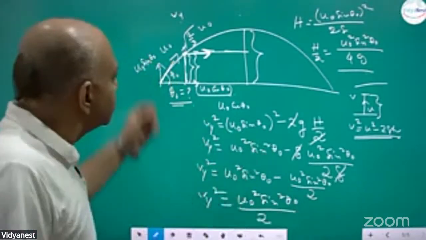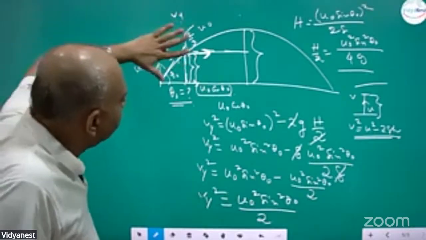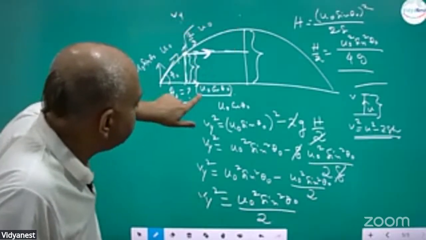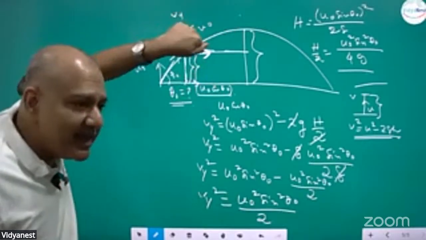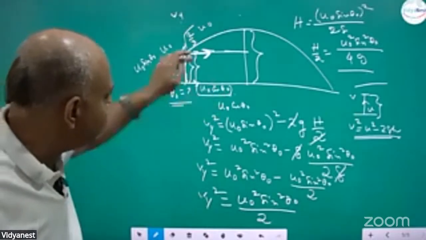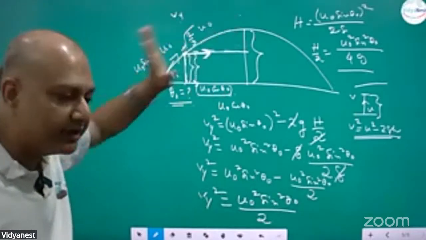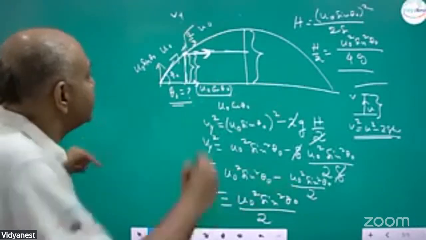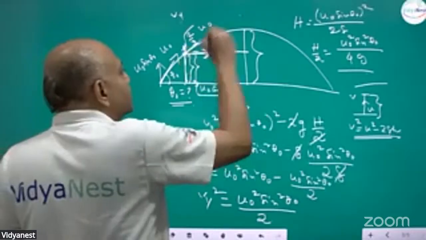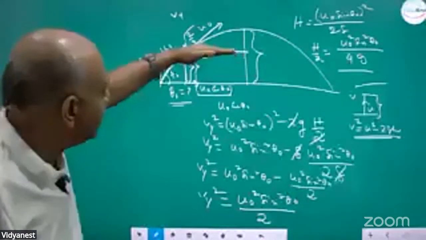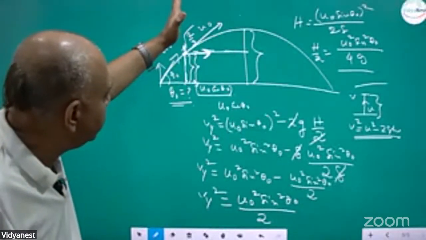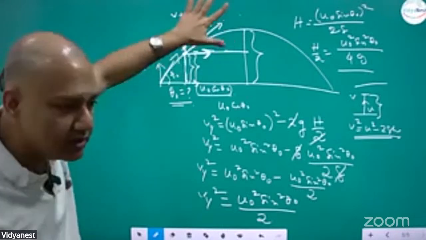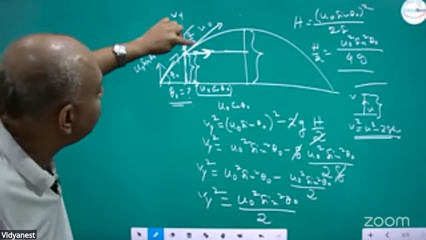Very good. Now the horizontal component u naught cos theta naught is already existing and is not going to change. The resultant velocity at this position: horizontal component square plus vertical component square is equal to resultant square. The resultant is root 3 by 2 u naught.